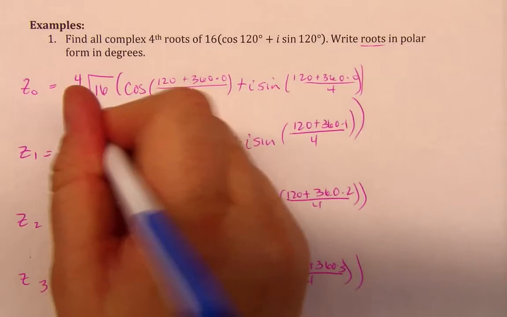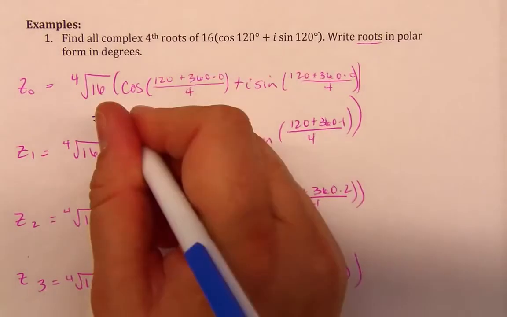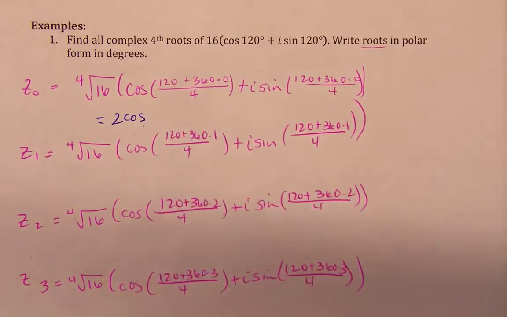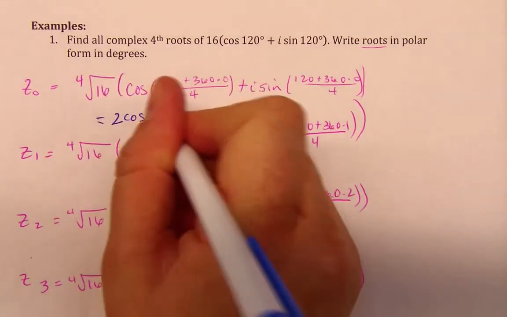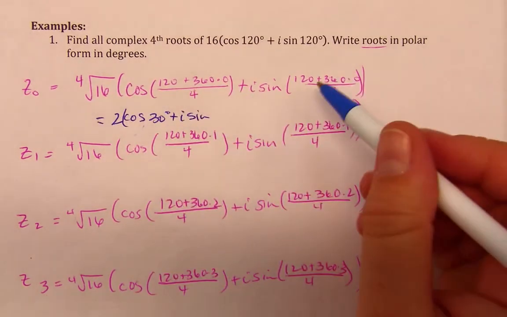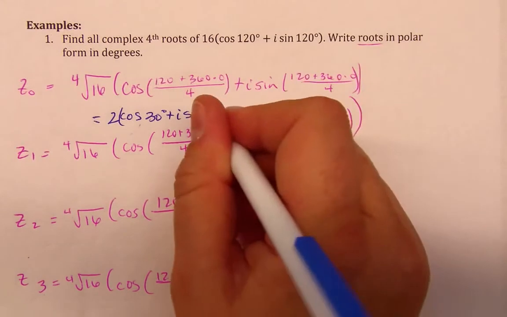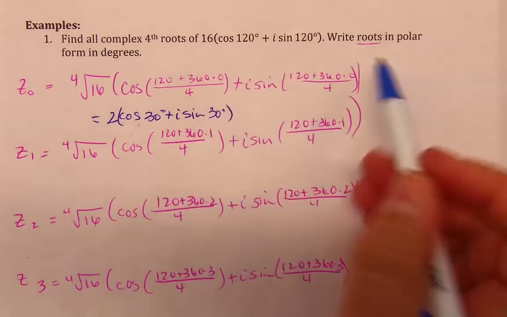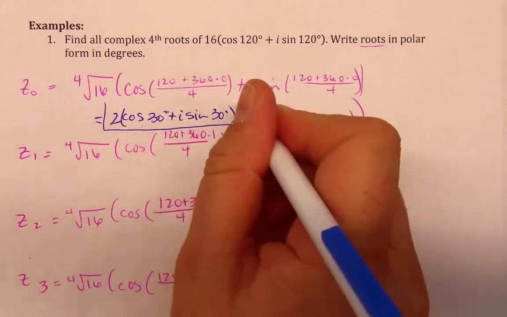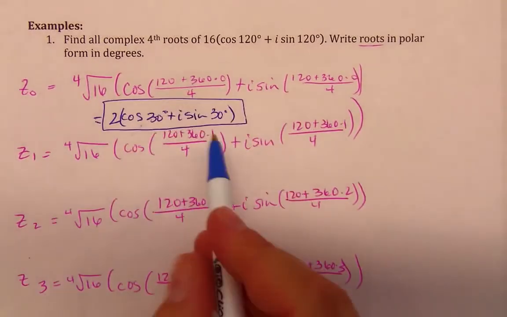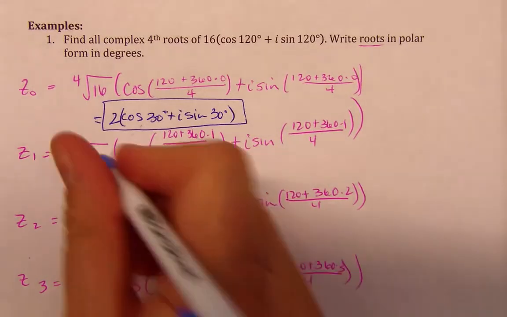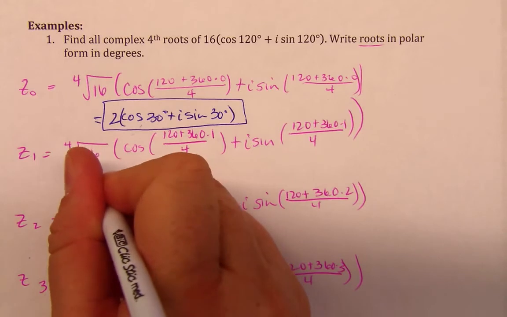So the 4th root of 16 is 2, and then we have cosine, and 360 times 0 is 0, so 120 divided by 4 is 30, plus I sine, and then we have the same thing over here, 30. And it said to leave our roots in polar form, so this would be one answer. And then we have 360 times 1 is 360, plus 120, divided by 4 is going to be 120.